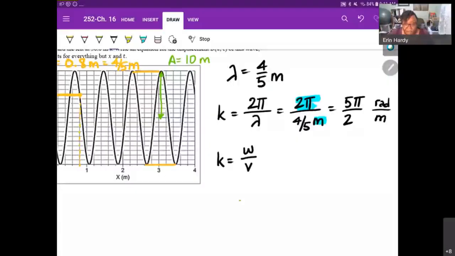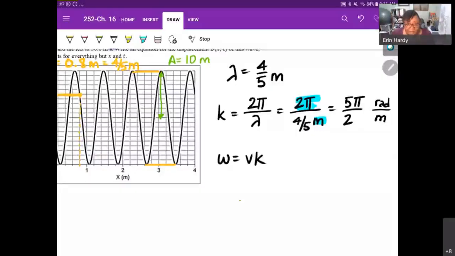So we know what the wave speed is. We can determine what omega is. So let me write this not as k is equal to omega over v, but so that we're solving for omega. So omega is v times k.